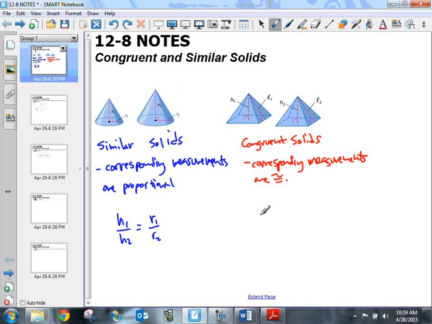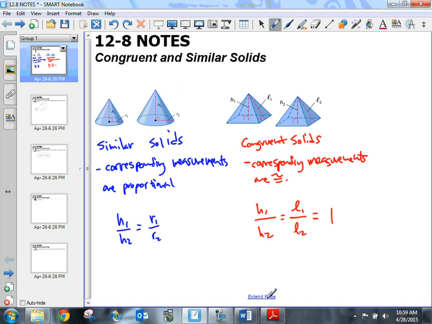So if I took h sub 1, this height, and divided it by h sub 2, that would equal this slant height, L sub 1, divided by L sub 2. But if I divided those, they would not only equal each other, they would also equal 1 because they are the same. If I take something and divide it by another thing with the same measurement, I just get 1.